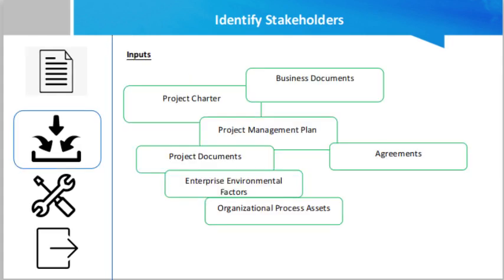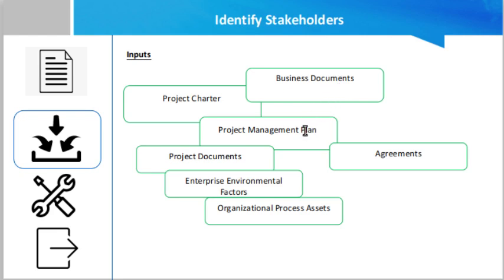As per the PMBOK guide, for each process we have some inputs, tools and techniques, and outputs. So the inputs for this process, Identify Stakeholders: first is the project charter, then business documents like the business case, etc., which give you the justification of a project.